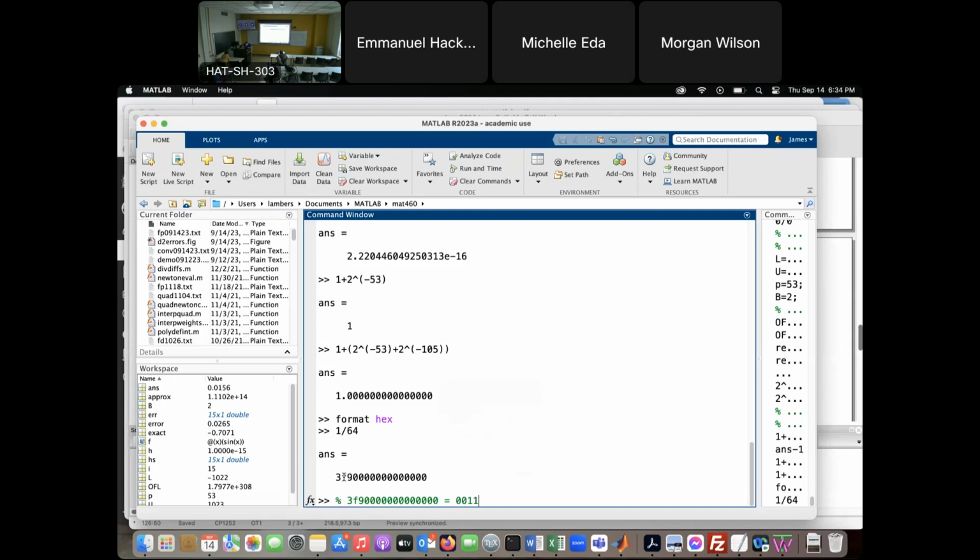And then the F: remember, I mentioned earlier that letters A through F correspond to the hex digits 10 through 15. So F is 15, that's 1111 in binary. And then we have 9, which is 1001 in binary. And then everything else is 0.